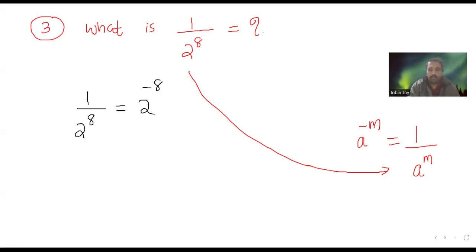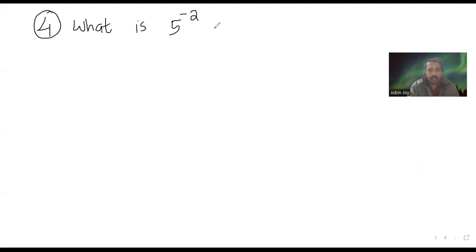Question number 4. What is 5 raised to minus 2? Okay.